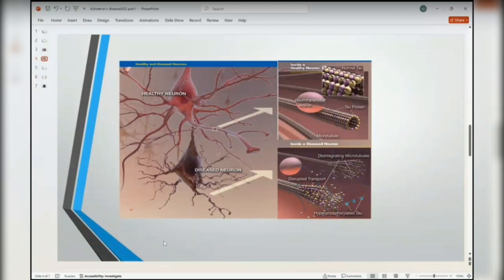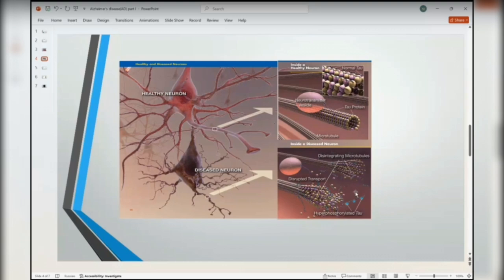So here you can see microtubules serve as a transport system for cellular material, such as neurotransmitter vessels, maintained by normal tau protein, which stabilizes the microtubules. But in a diseased neuron, hyperphosphorylated tau, abnormal chemical changes, cause tau proteins to detach from the microtubules.